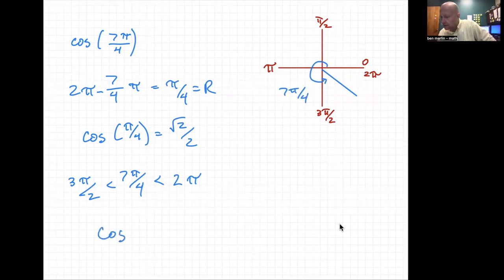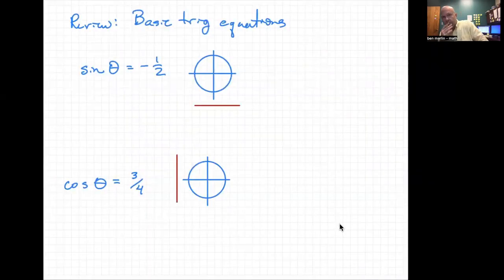And now I say cosine of 7 pi over 4 is equal to, and because we have something that is in the fourth quadrant, cosines are positive there. And that means that we get a positive square root of 2 over 2. Okay. So that's evaluating for special angles.